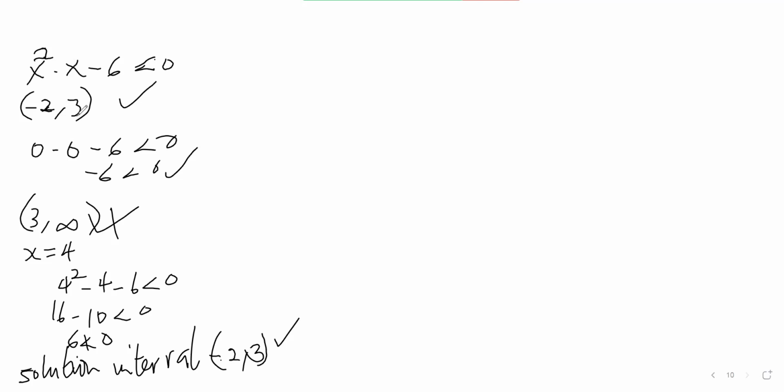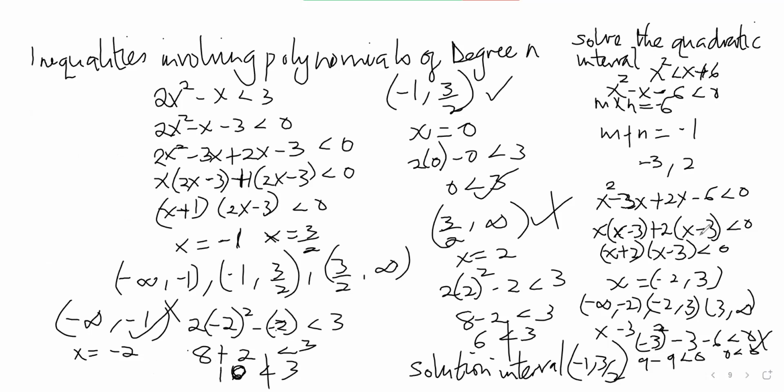So we use the original equation, not the one after we've equated it to 0. You see, what you're saying is we use positive 2, positive 3. But if you put positive 3 here, you'll get positive here, and this is negative. Okay, fine.